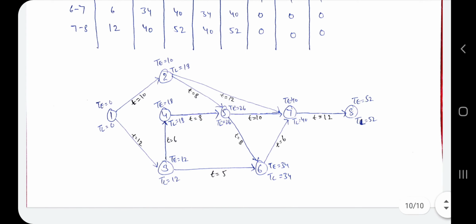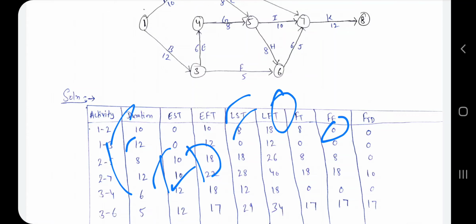So here I got 0 minus 0, that means 0. Now we know that free float is 0, so FID is 0 minus 0 is equal to 0. In this manner we find the independent float for all activities.